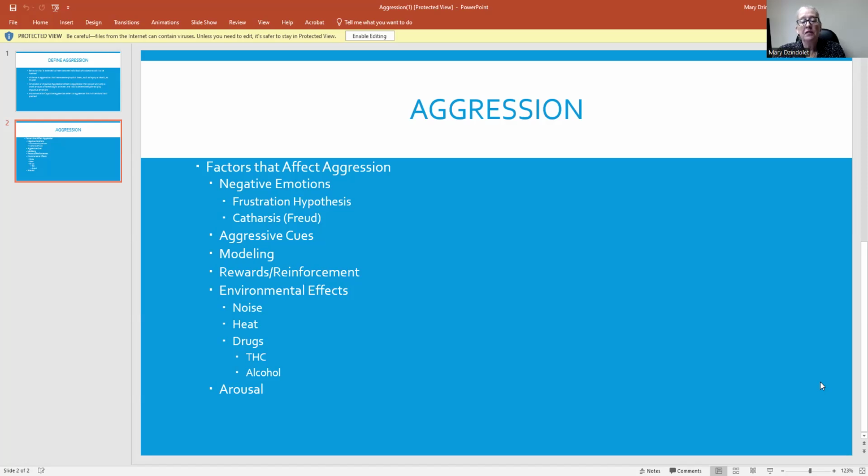There are also a bunch of environmental effects that can end up affecting aggression that you might not know about. Believe it or not, people are more likely to act aggressively in noisy environments than in quiet environments. At one point, it was thought that areas in a community that have a lot of noise, like the areas near airports, tend to have more aggression and violence.